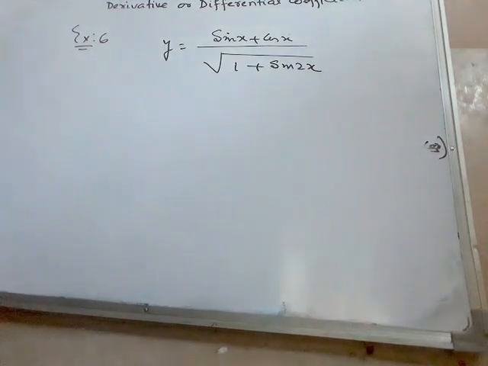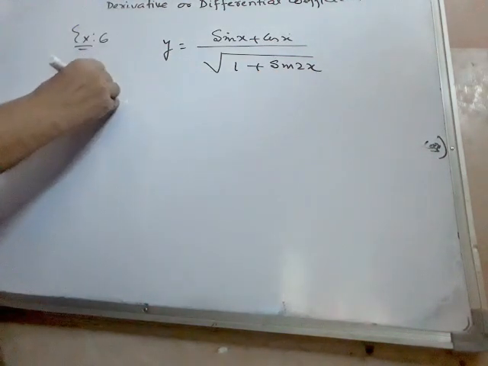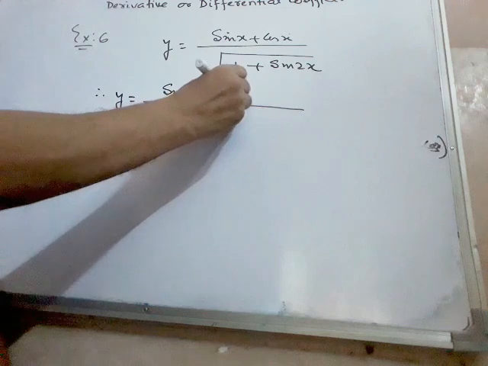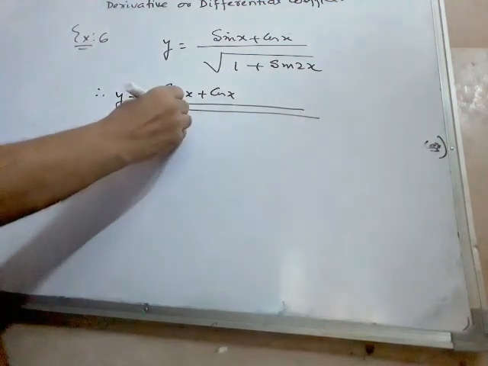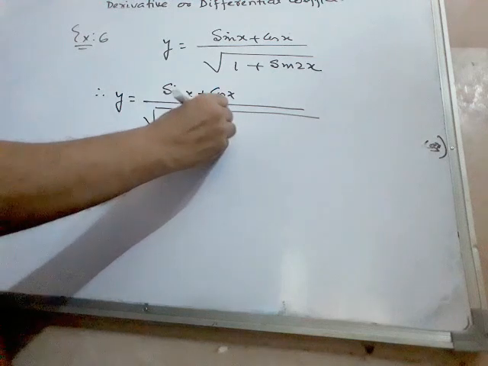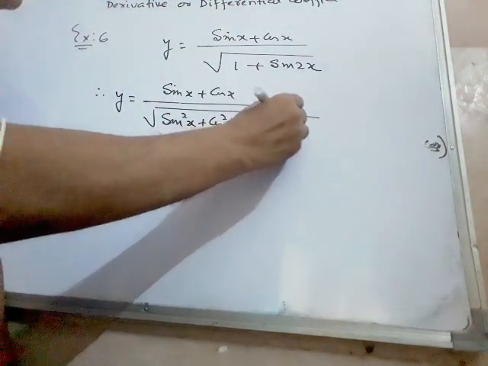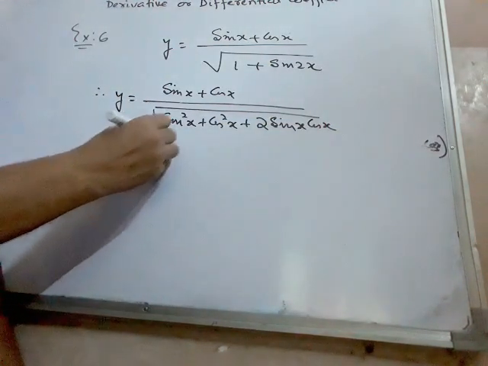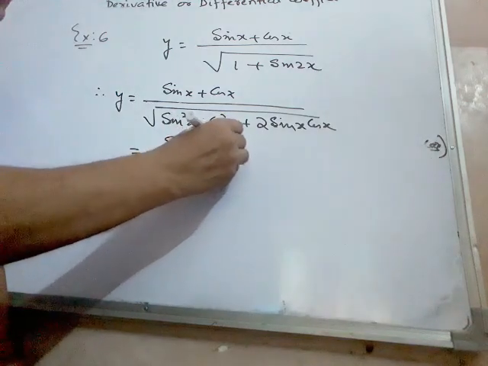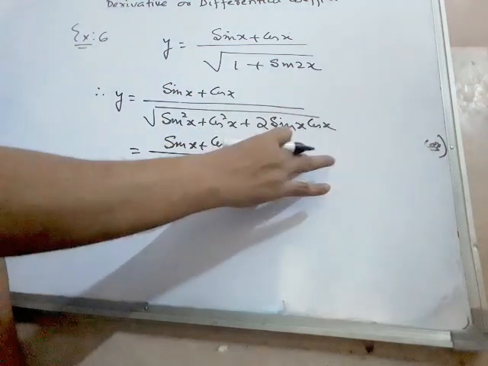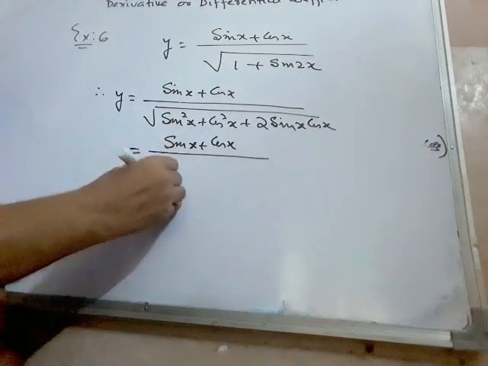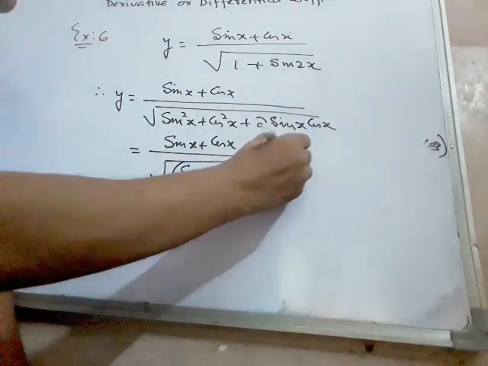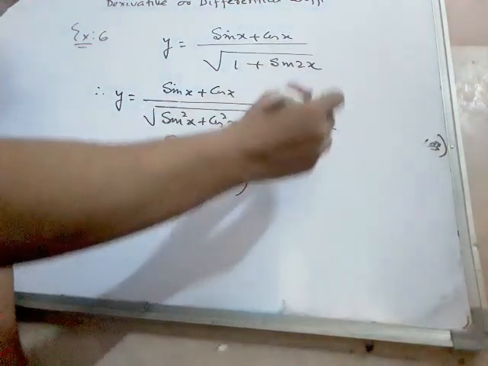Instead of 1, write sin square x plus cos square x. So therefore, y equal to (sin x plus cos x) divided by root over (sin square x plus cos square x plus 2 sin x cos x). That is (sin x plus cos x) divided by root of (sin x plus cos x) whole square, and therefore what will we get?